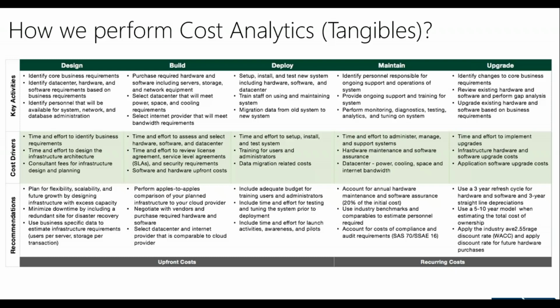Then it's deployment, then it includes maintenance, and it also includes the upgrade. So these are the tangibles, right? And you can see over here the key activities for cost analytics. After that, we have cost drivers.